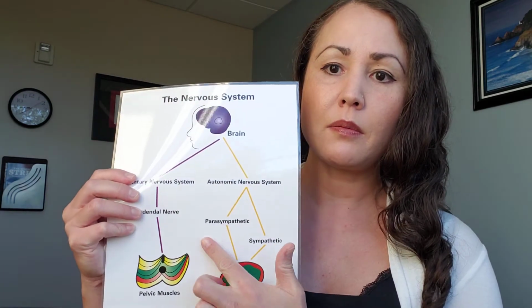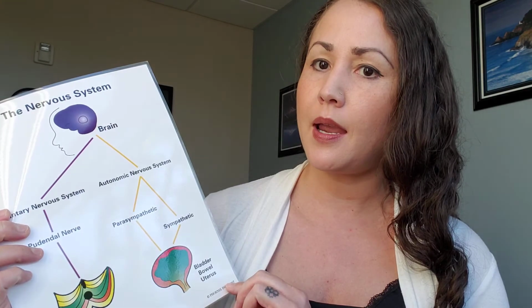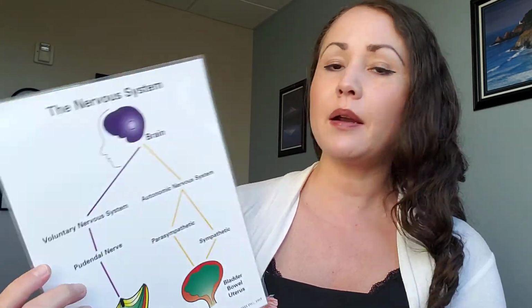So the parasympathetic system, I know that probably all these words are backwards because that's how it works when you do a selfie video. But the parasympathetic system is the opposite of the sympathetic system, and that is the system that kicks in when our nervous system finally gets a chance to downregulate.